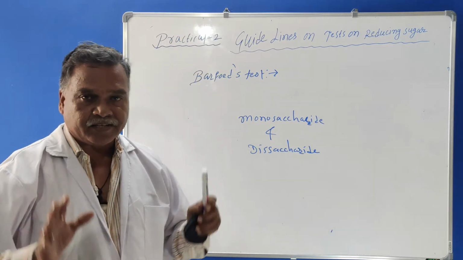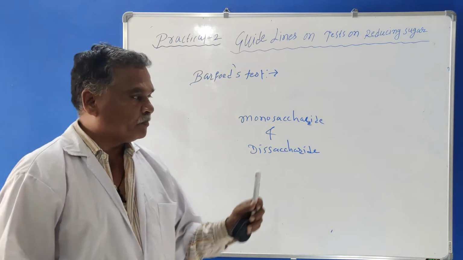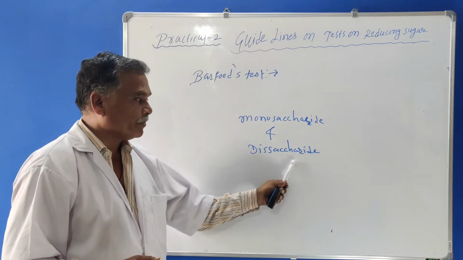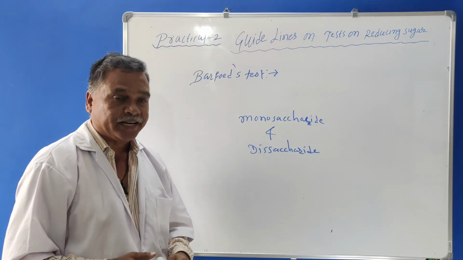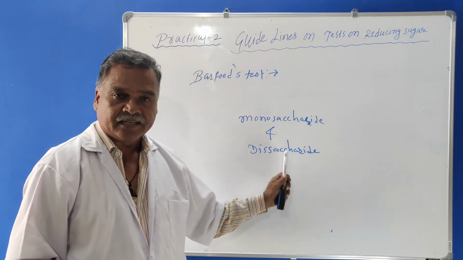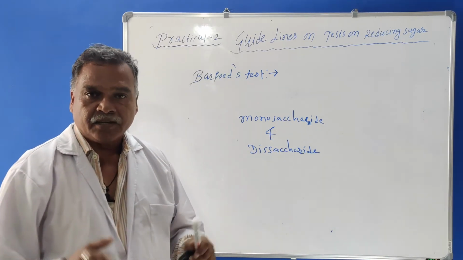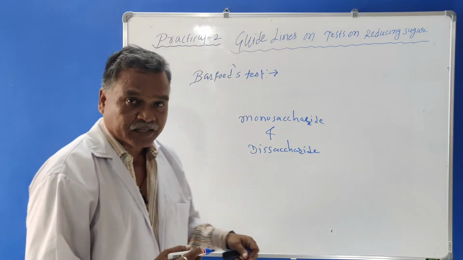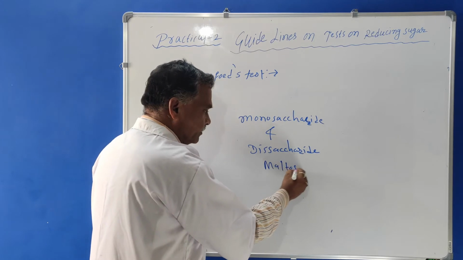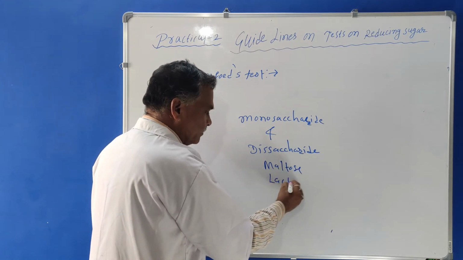This is the main principle of the test, that monosaccharides are detected but the disaccharide cannot be detected. You must know that among disaccharides, some sugars are reducing sugars like maltose and lactose.